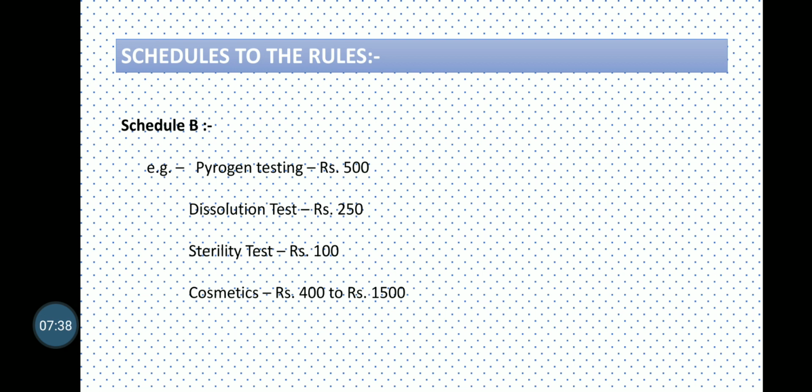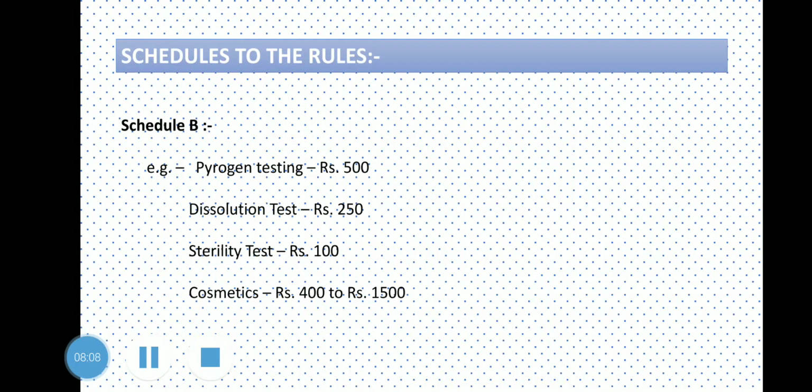Whenever the sample is sent to the CDL or state laboratories, if a pyrogen testing is to be carried out, then 500 rupees to be paid. If dissolution test, 250 rupees. Sterility test, 100 rupees. And if it is a cosmetic sample for testing or analysis, the fees is variable from rupees 400 to rupees 1500.